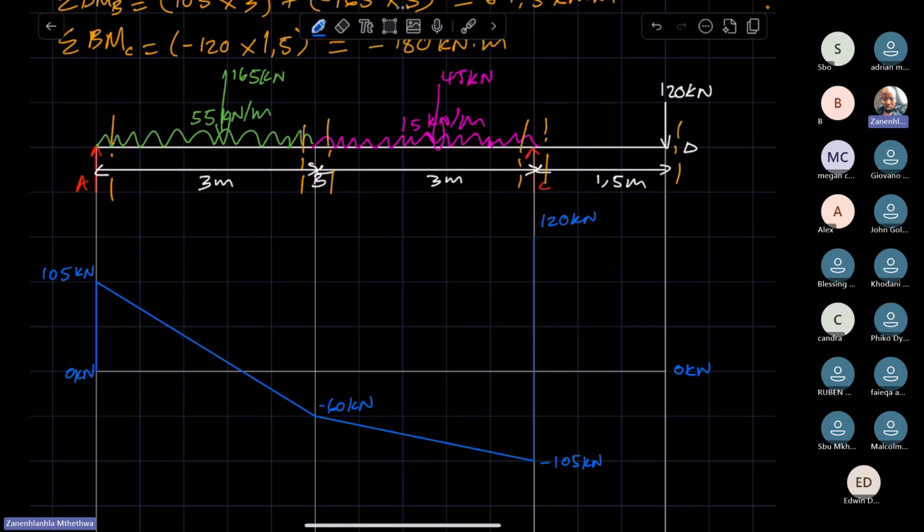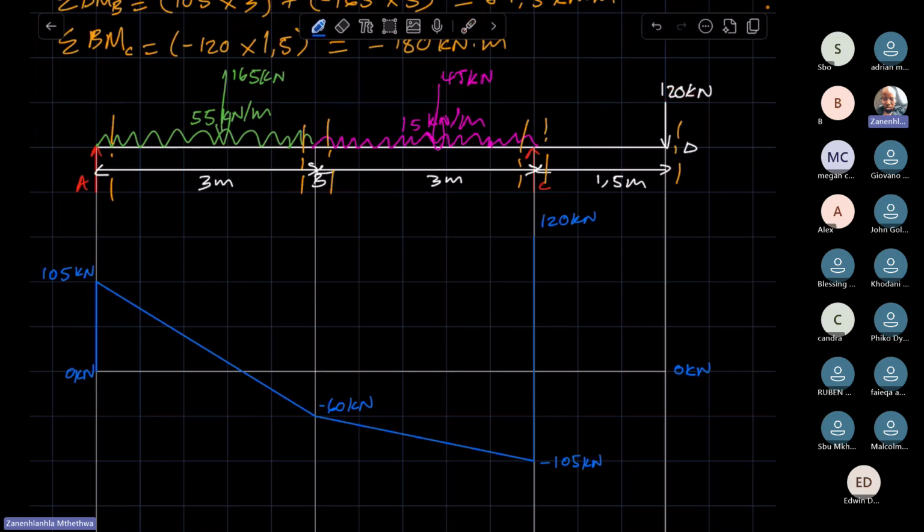Right? You have considered all forces on either of these sections. So now you go to the next section, which is this one, and consider forces between the last section and the current section. And the only force to consider is which one? The 120 at D. Now it is headed downward, so you take it as being negative.